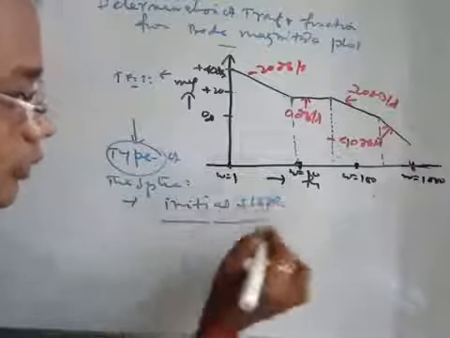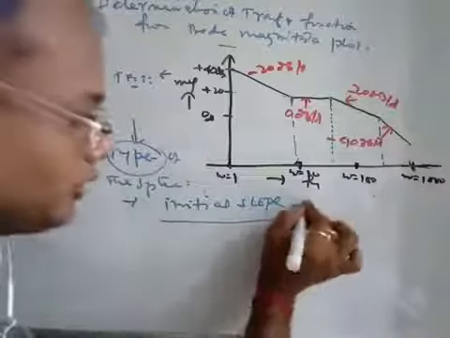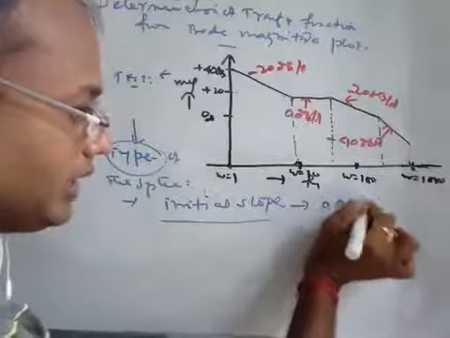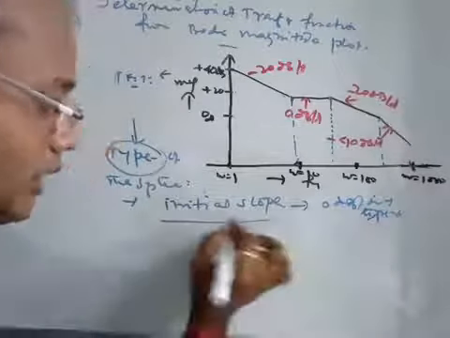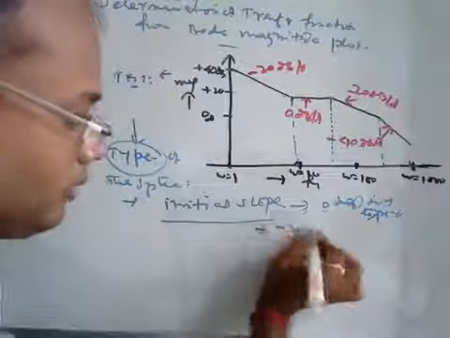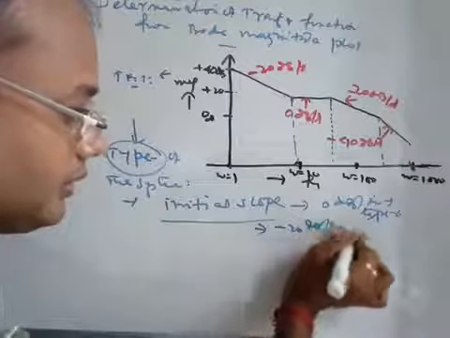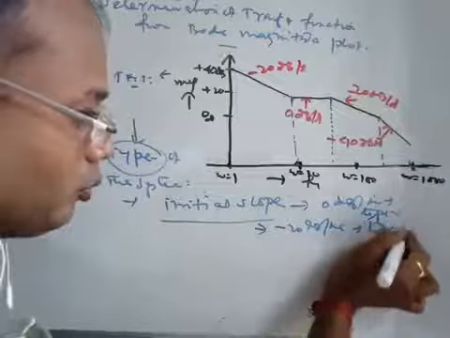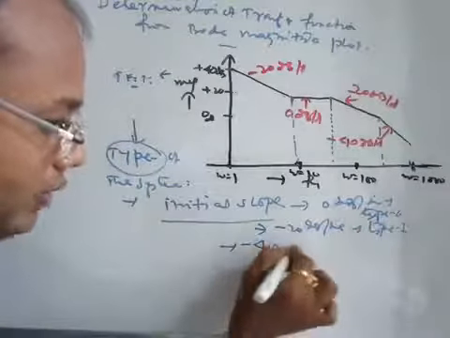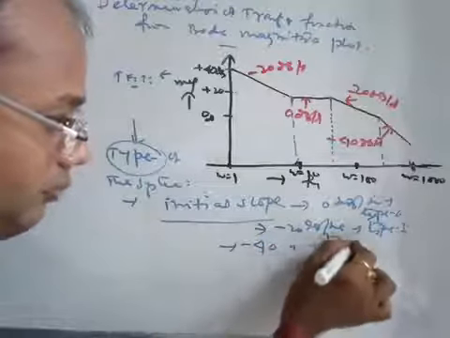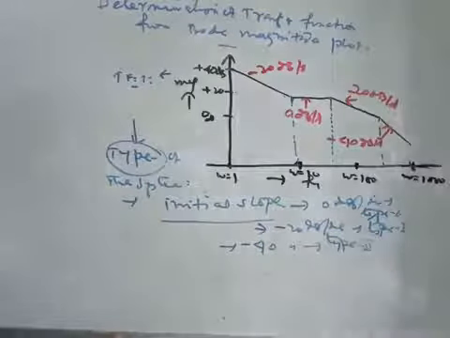If the initial slope is 0 dB per decade, it is a type 0 system. If the initial slope is minus 20 dB per decade, it is a type 1 system. If the initial slope is minus 40 dB per decade, it is a type 2 system, and so on.